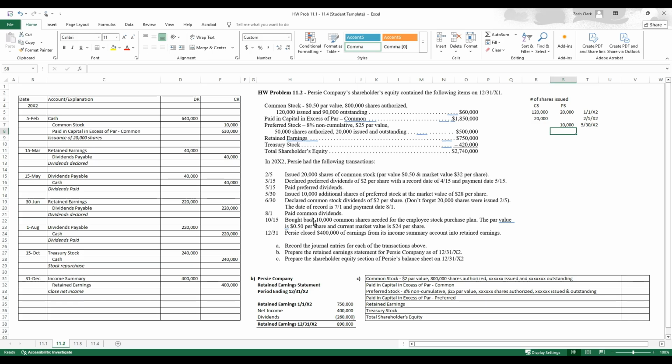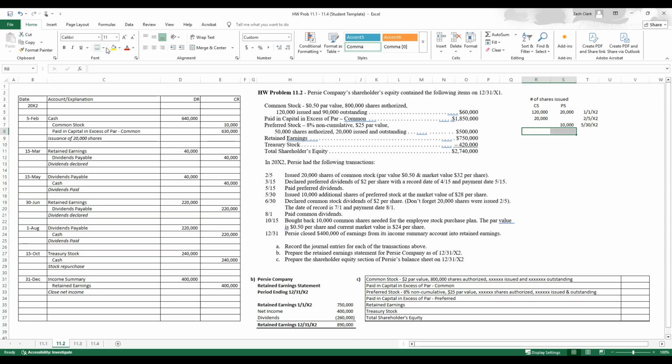Okay, so I think that's everything for our number of shares issued. If we sum those up, we get 140,000 of common and 30,000 of preferred stock. Sorry, I'm just checking my work here. So we had 20,000 issued, and we issued 10,000 additional. Yeah, so that looks right.